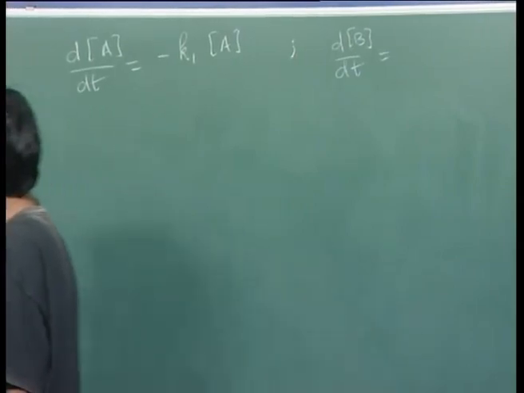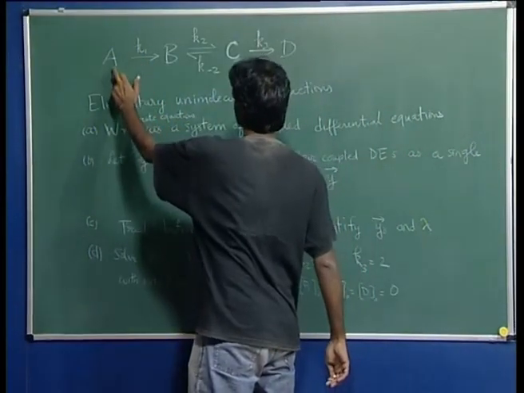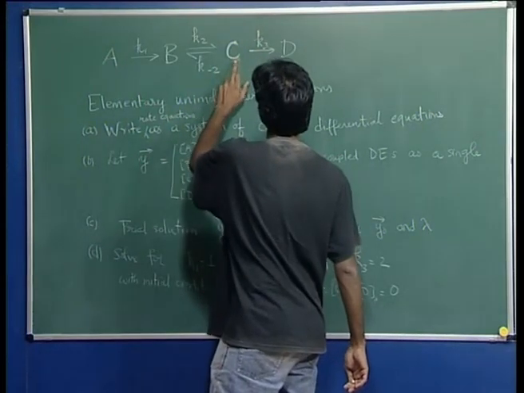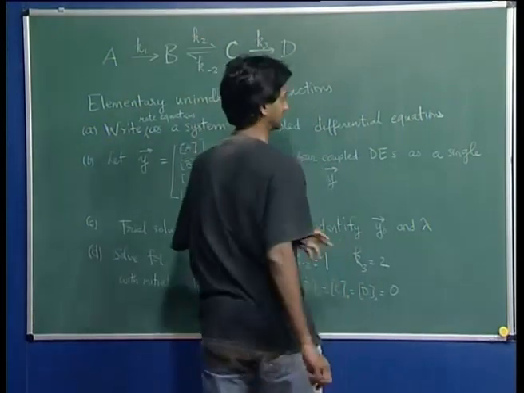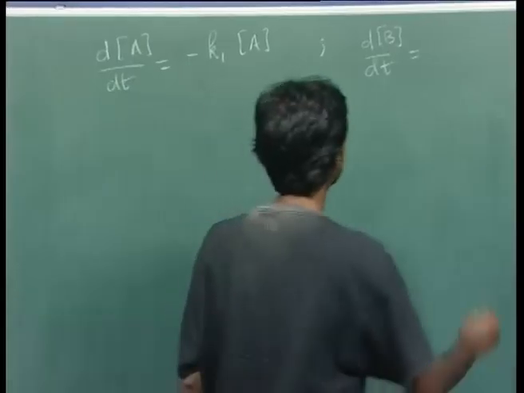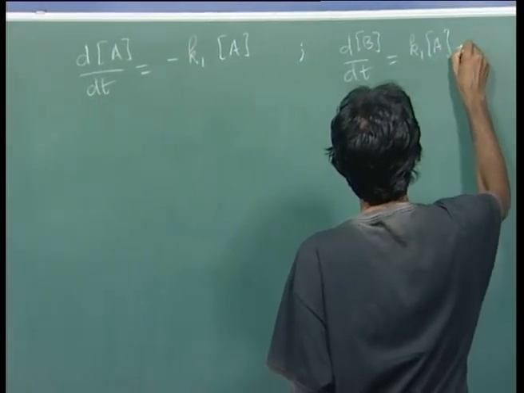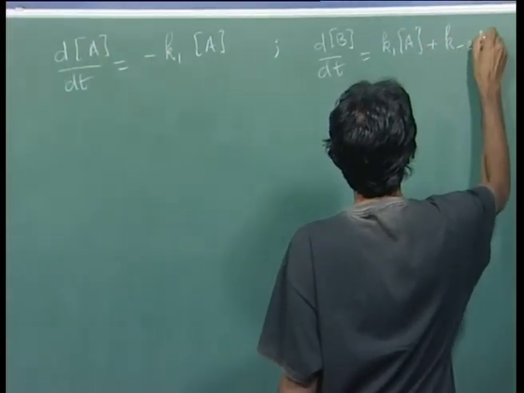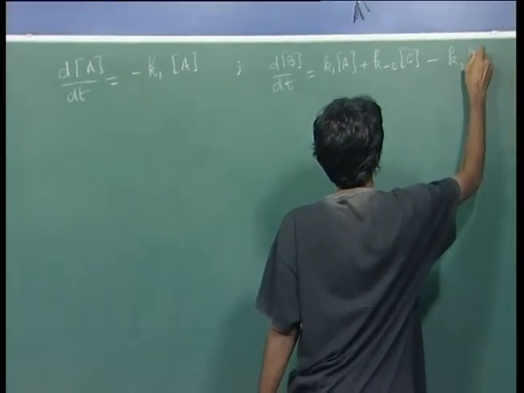Now B is produced at a rate of k1A, and also at a rate of k minus 2 C, while B is consumed at a rate of k2B. So you can write this as k1A plus k minus 2C minus k2B.